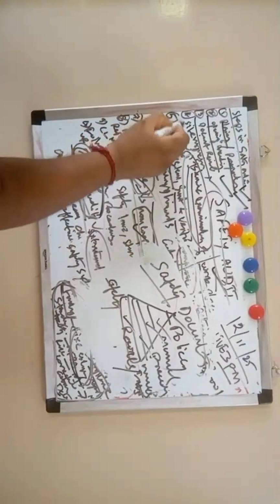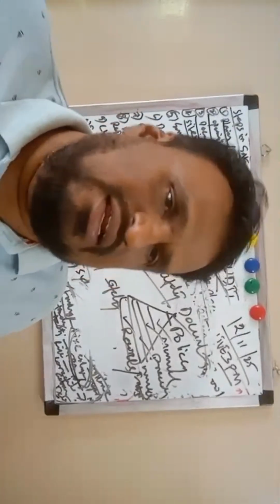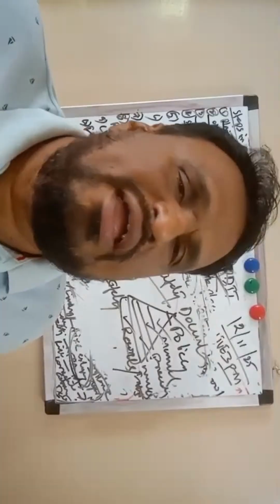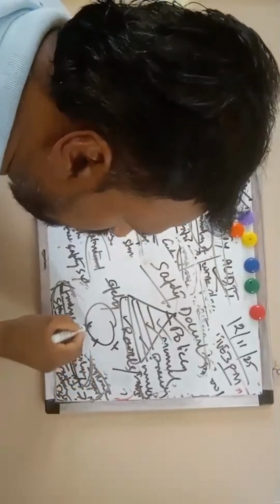Once the documents are reviewed, next is the site inspection. They will inspect the site across the life cycle, from raw material to end product, seeing the site locations one by one.